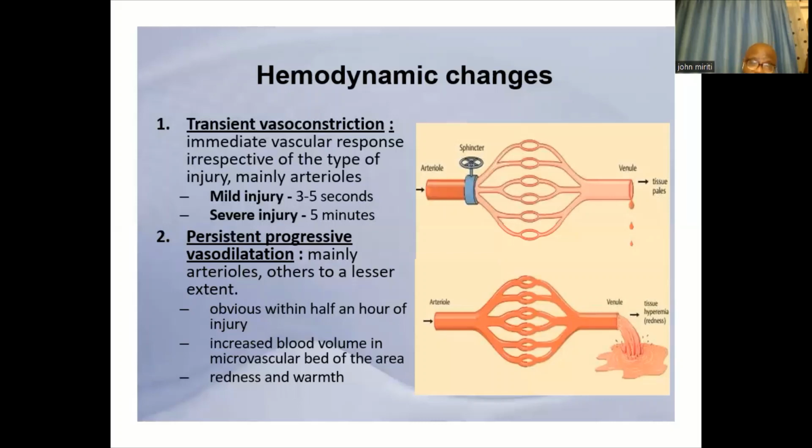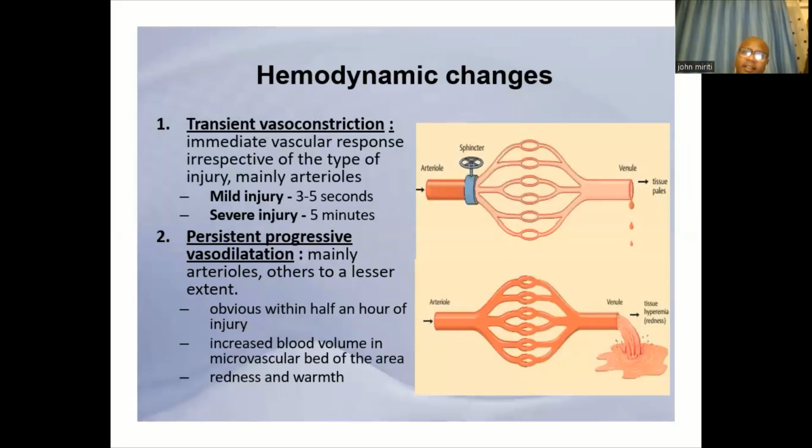At this point the cardinal signs of inflammation have started coming in: redness because of the accumulation of blood there, and heat because of the toxins and the fight between the cells and the cause of the inflammation.